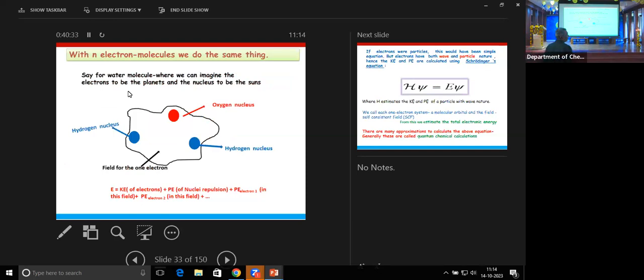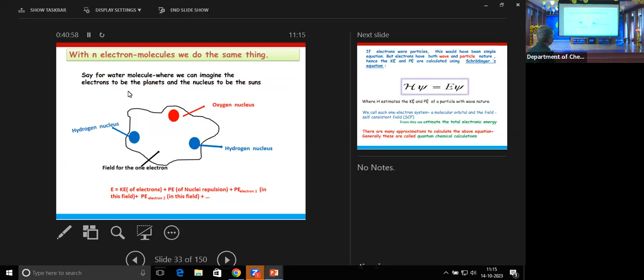Good. So that's what we are doing with our water molecule. Imagine that now. We had this example in that box. What are we having? We're having those 3 suns and the electrons, and we say the field of 1 electron. 1 electron is moving under the influence of all these nuclei.